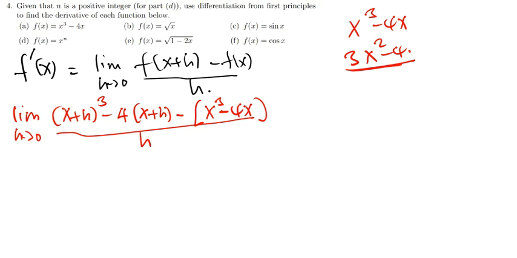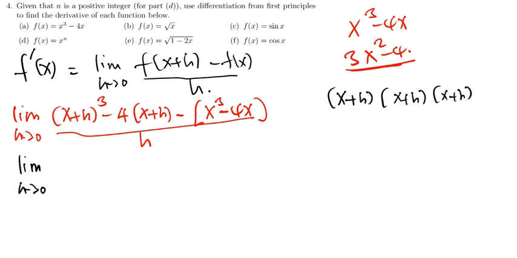Now let's go ahead and simplify that. Limit as h approaches 0. So we have to expand this. For me here, I'm going to use binomial Pascal's triangle to get the answer first. But anyway, let me just use direct. x times x is x squared. x times h, xh. Then h times x, xh, h squared.